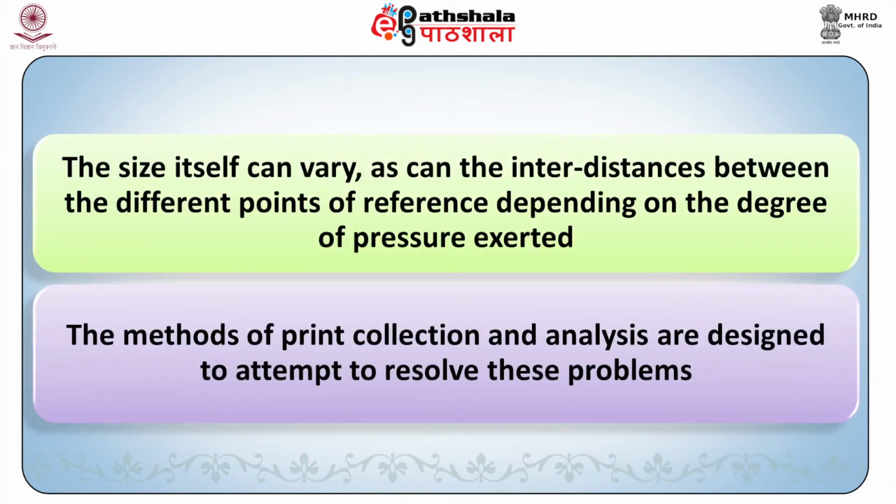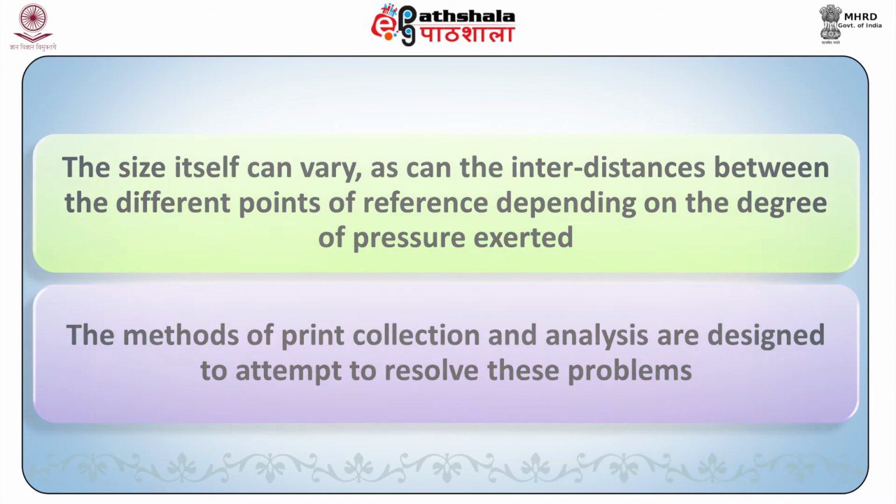The degree to which an ear print represents the original ear can be affected by diverse factors. The size itself can vary, as can the interdistance between the different points of reference, depending on the degree of pressure exerted. The methods of print collection and analysis are designed to attempt to resolve these problems.